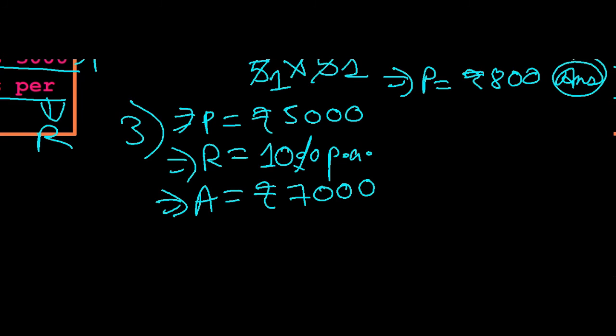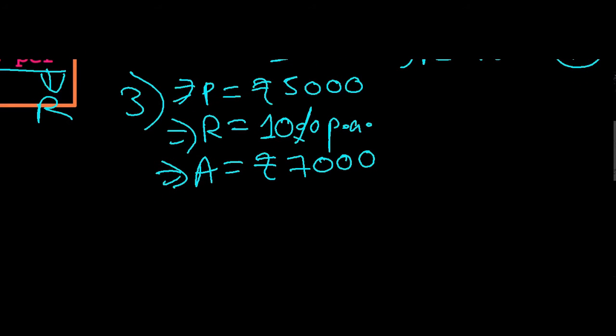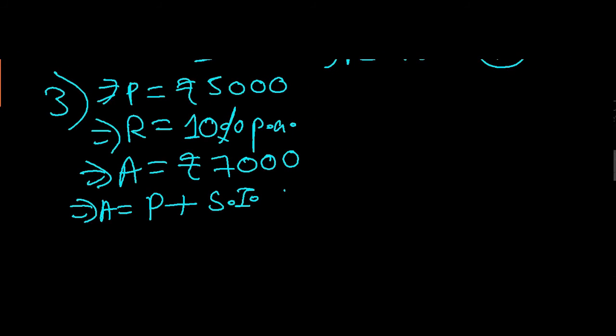Friends, amount is equal to principal plus SI, or amount is equal to P plus SI. So in this case we have to find SI. We will make SI the subject.